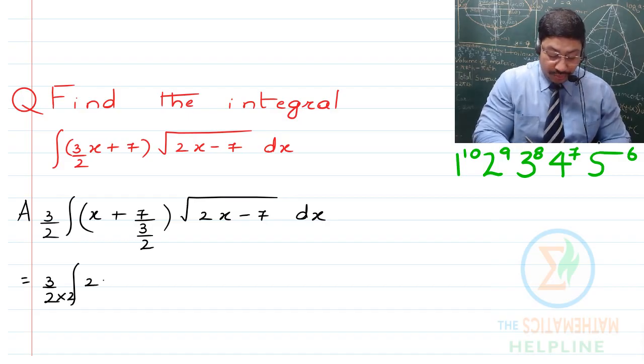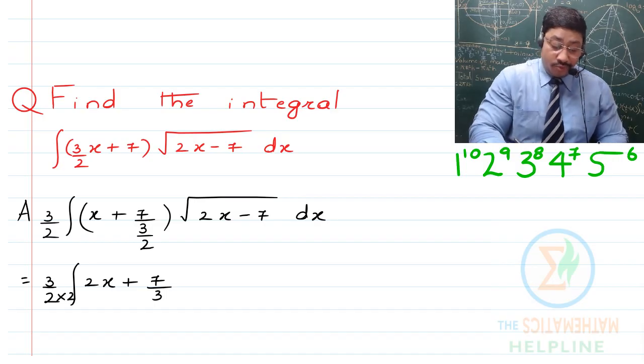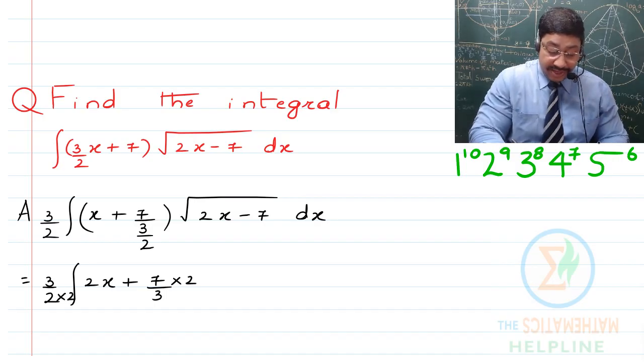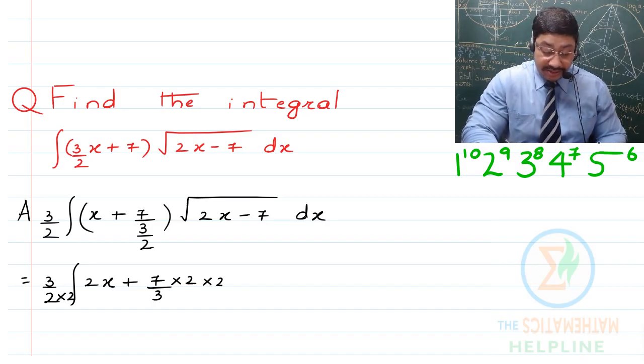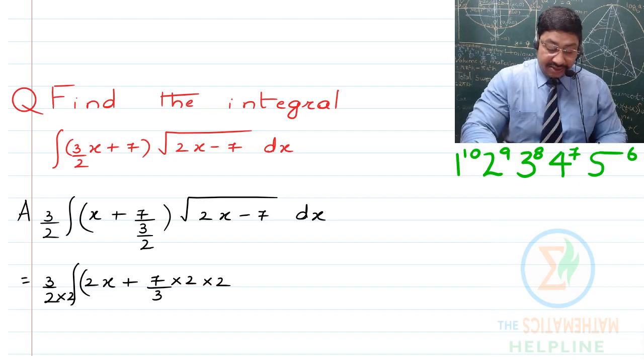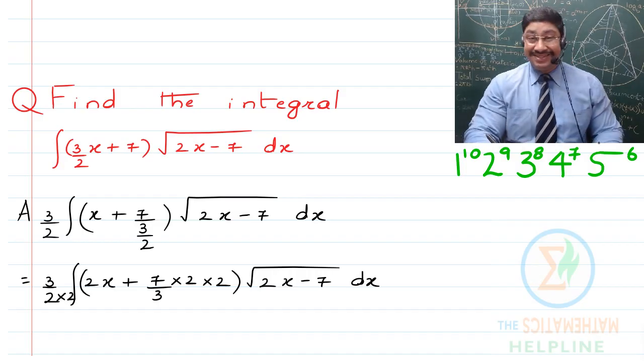So we have 2 which is multiplied with x, and then further we have 7 which is divided by 3, and this 2 which will come over to the numerator on reciprocation, and further as we have multiplied this by 2, so there will be another 2, and all of this expression is multiplied with the surd, which is 2x minus 7, and then obviously we have a dx here, right?